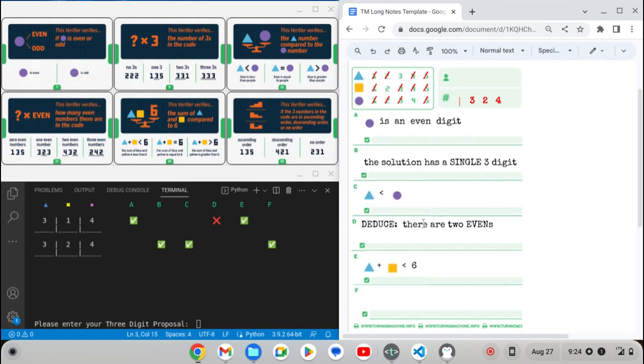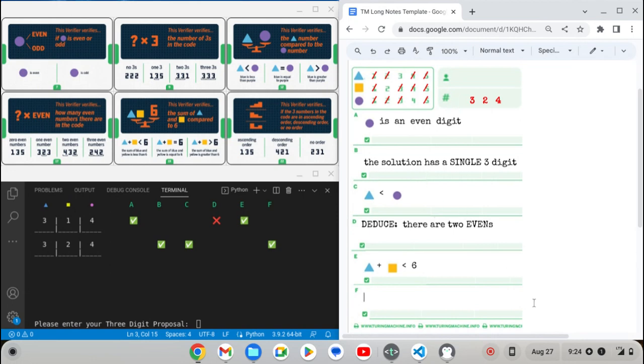I did put down that I deduced, so it's not like I confirmed it, but based on the available information, I'm saying that there's 2 evens, and there are. And then E is that the sum of the first 2 is less than 6. It is. Okay. And then all of the second round are true for 3, 2, 4. So it looks like either it was confirmed, and D is the only one where I deduced, but it looks good. So let's confirm.